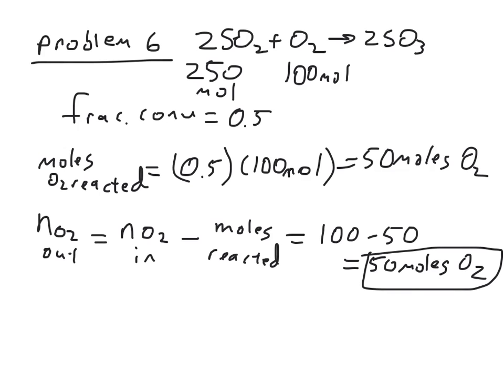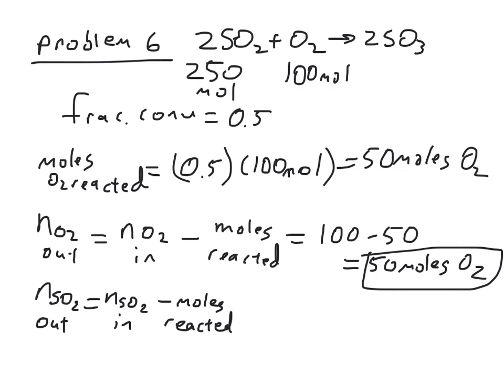And that's how much is coming out of the reactor. Again, we had 100 moles coming in, given in the problem statement, and 50 of those moles react. We just derived that. So if we start out with 100 and 50 of them react, we're left with 50. So the O2 leaving the reactor is 50 moles.